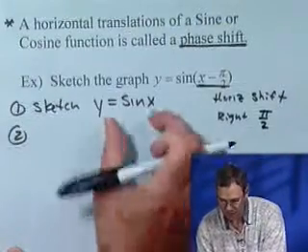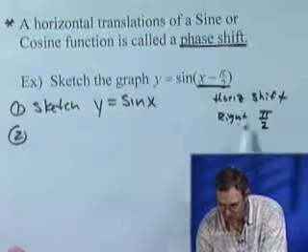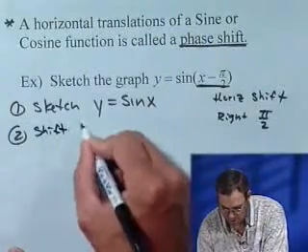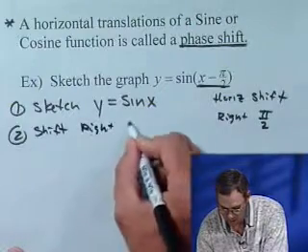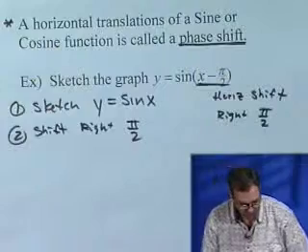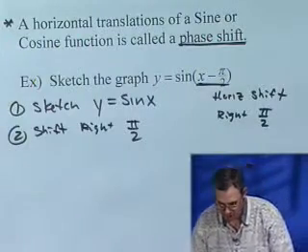So we're going to take the sine function, and then we're going to shift it to the right pi halves. Okay? So that's how we're going to do this problem. So let's start by first sketching sine x.